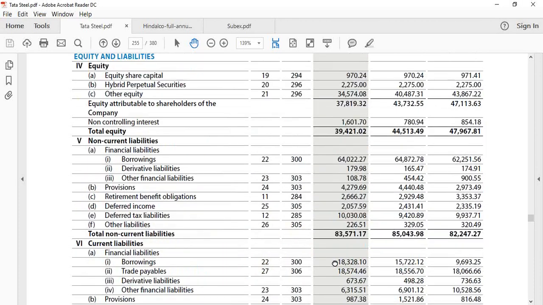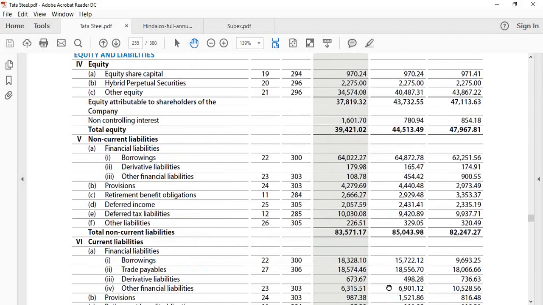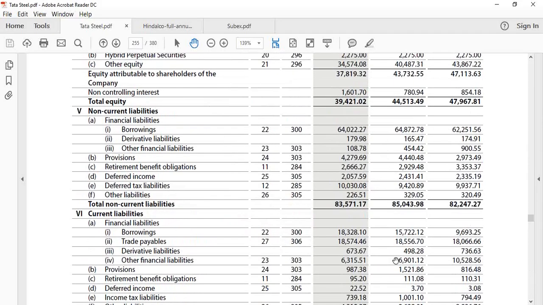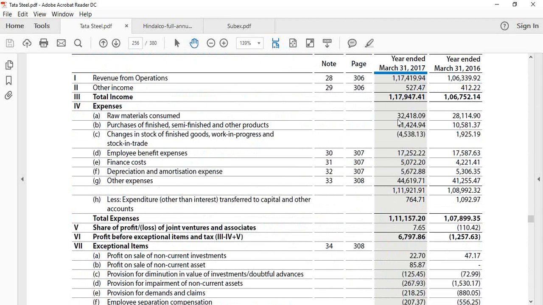This year. If you look at the previous year, that's 64, 15, and about 7. So you're saying about 86,000 crore of debt last year as well. 86 and 88 in the 2 years. And look at the financial cost. You will see the finance cost is here, right? When you look at the finance cost, you see the finance cost this year is something like 5,000 crore. Last year is 4,221, 4,200 crore, right?